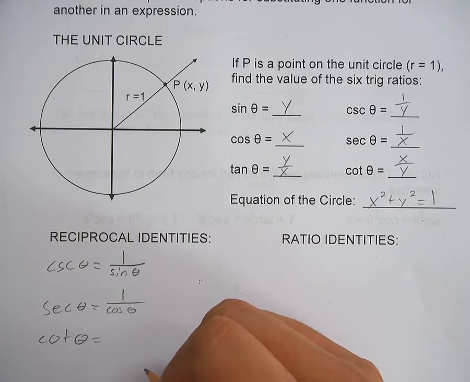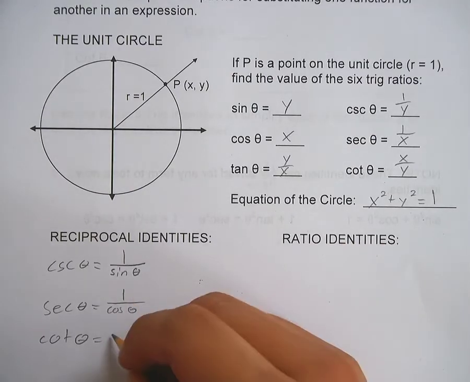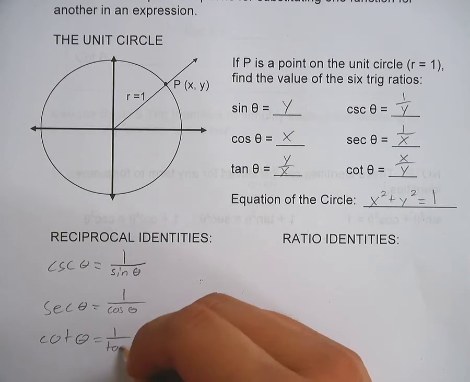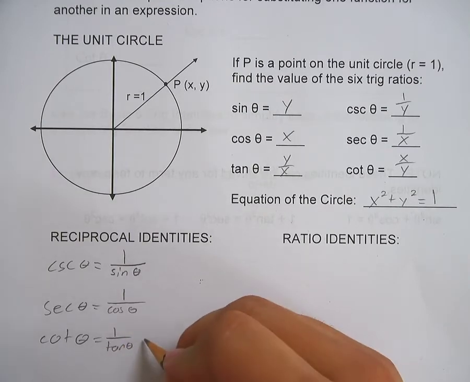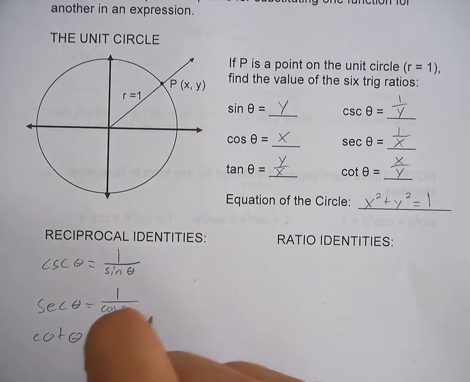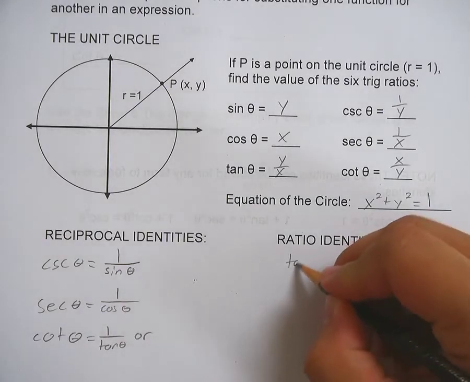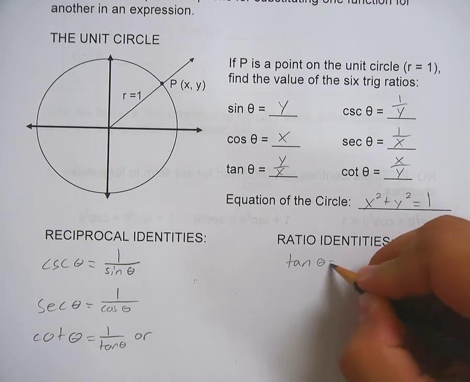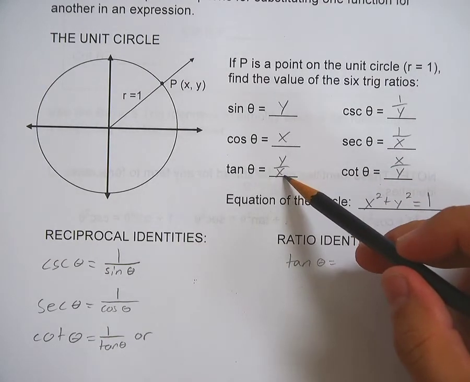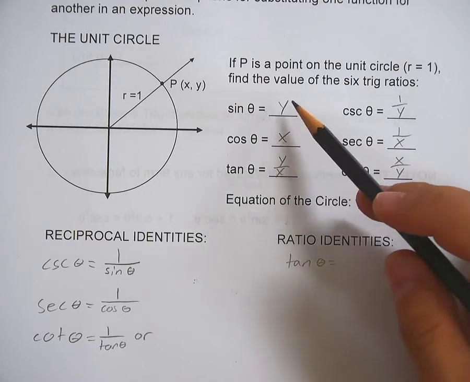And for cotangent, now cotangent is something interesting. Cotangent is 1 over tangent, or, and we're going to fill this in here in just a second, then you have your ratio identities. You've got tangent of theta is y over x. Watch what I'm doing here.